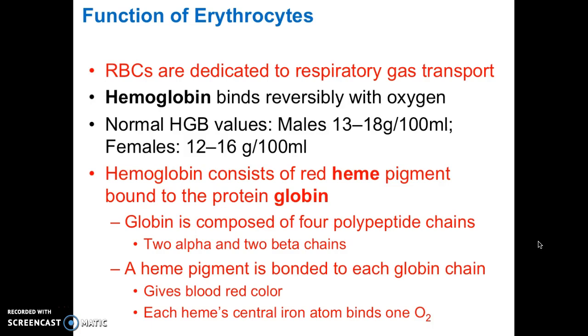Hemoglobin consists of a red heme pigment bound to the protein globin. Globin is made up of 4 polypeptide chains, 2 alpha and 2 beta. The heme pigment is bonded to each globin and is responsible for blood's red color. Each heme's central iron atom binds to one oxygen gas molecule, or O2.